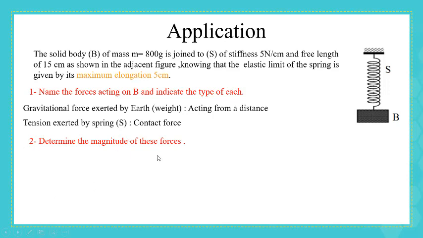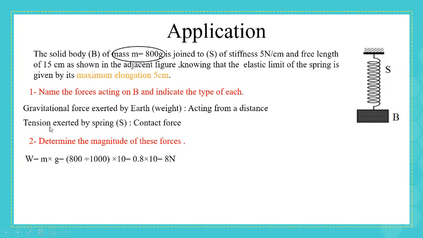To find the magnitude of these forces, let's start with the weight force. It's given that mass is equal to 800 grams. So, weight is equal to mass times gravity, but you have to convert from gram to kilogram by dividing by 1000. Then 0.8 multiplied by 10 is equal to 8 Newton.